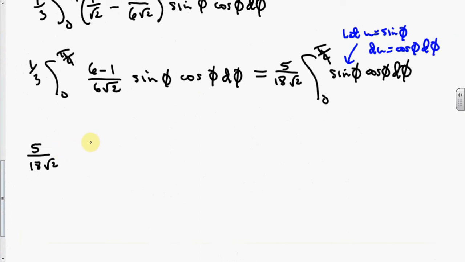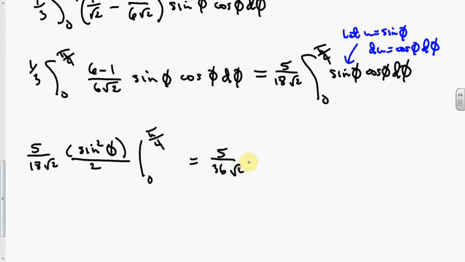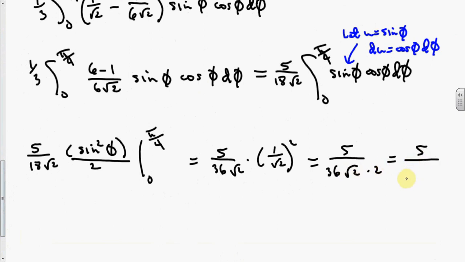So that becomes u squared divided by 2, where u is sine phi, so sine squared phi all over 2, evaluated from 0 to pi over 4. This is 5 over 36 times the square root of 2, and this is 1 over the square root of 2 squared. So this is 5 over 36 times the square root of 2 times 2. This is 5 over 72 times the square root of 2, or 5 times the square root of 2 over 144.